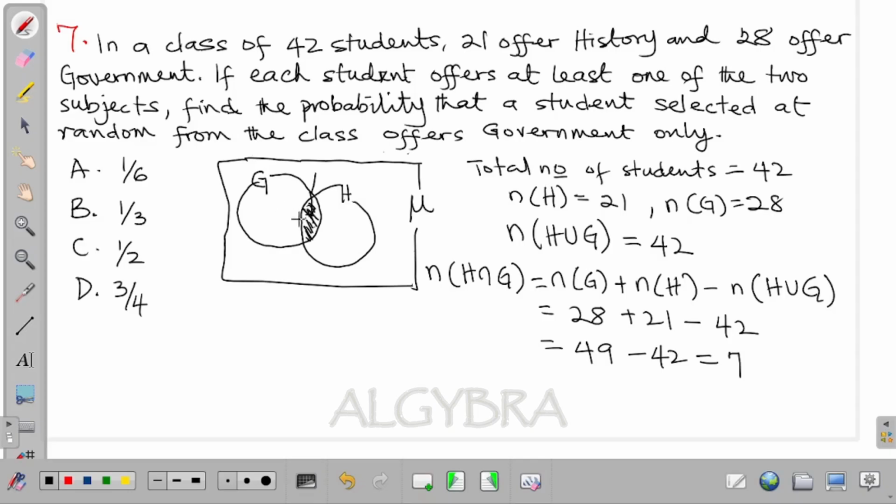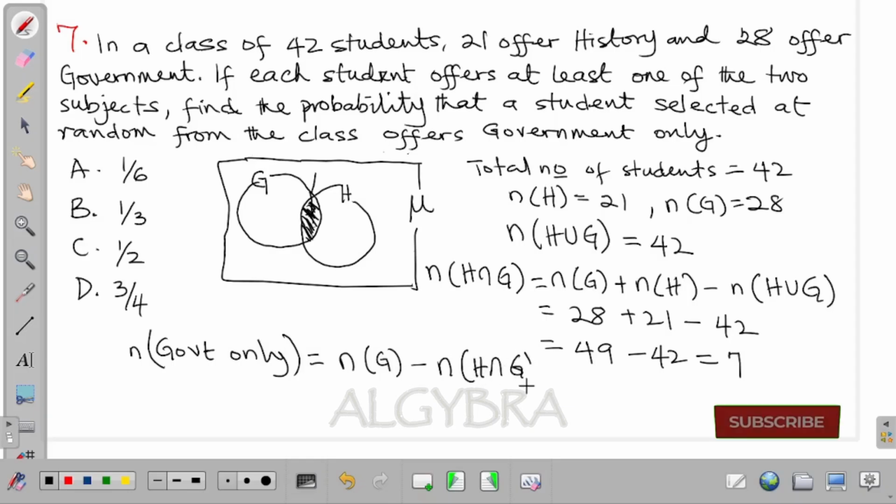If I want to look at those that offer government only, I'm going to look at everybody that offers government minus those that offer both government and history. So the number of students offering government only is equal to the number of students offering government minus the number of students offering both history and government.